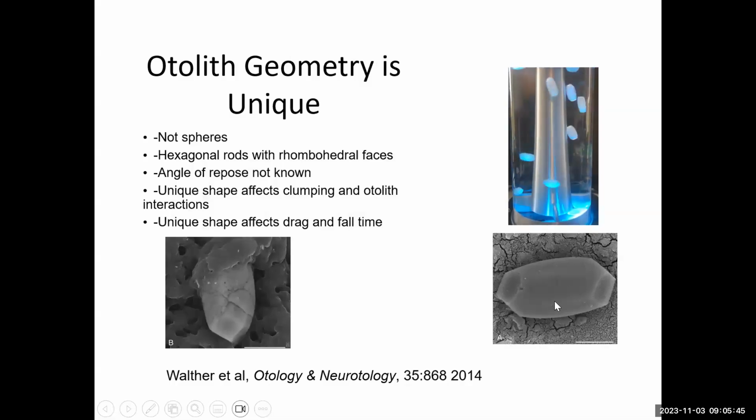Otoliths are not spheres. People who have done mathematical modeling of otolith disease with hydrodynamic equations always use spheres as models for the otoliths, but otoliths are very unique. Hexagonal rods with rhombohedral faces, they fall horizontal.